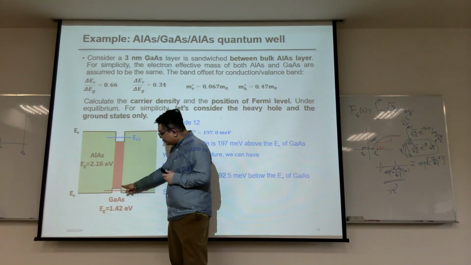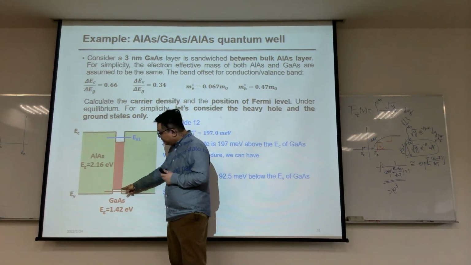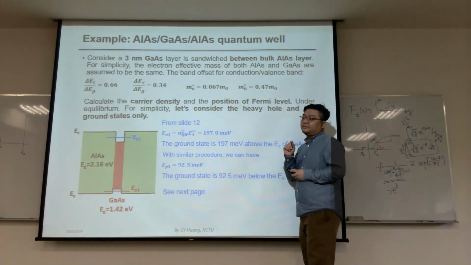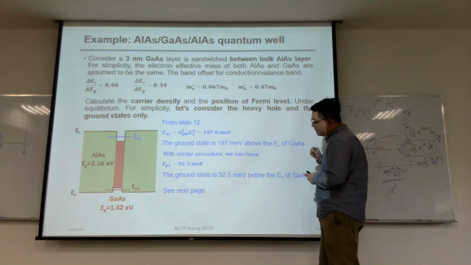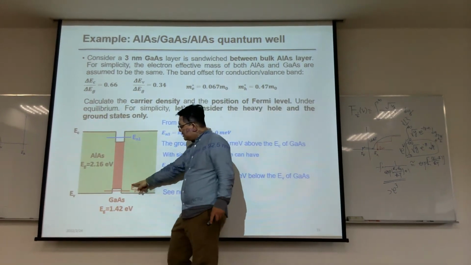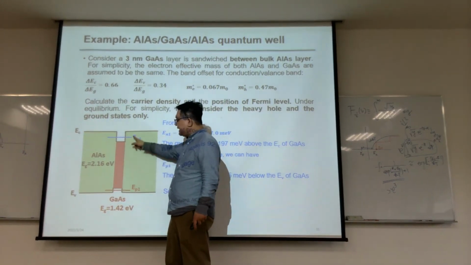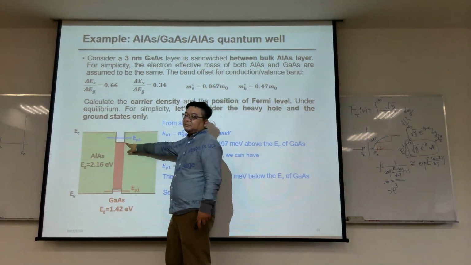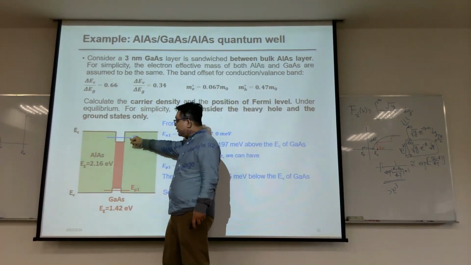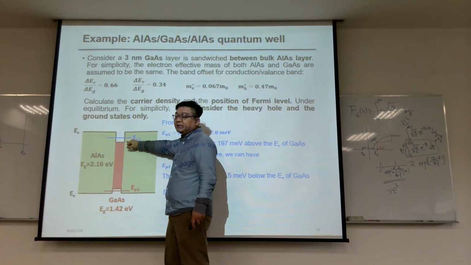Surely the ground state should be below the EV, below by 92.5 meV. So for a quantum well, the band edge absorption is actually larger than your band gap, because you have a confinement state. Your ground state is now no more the EC.